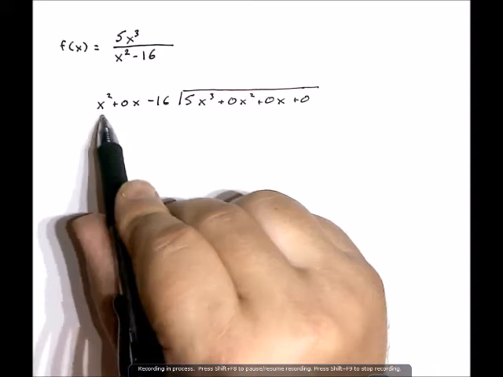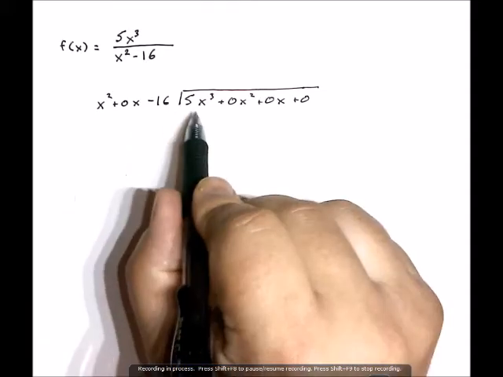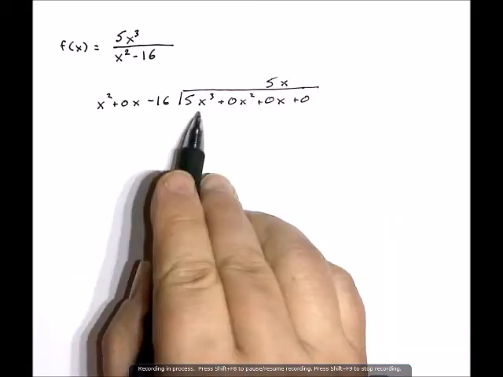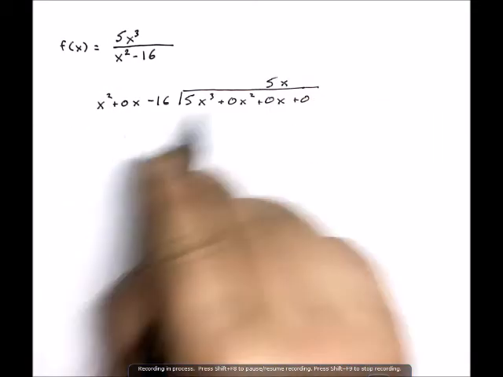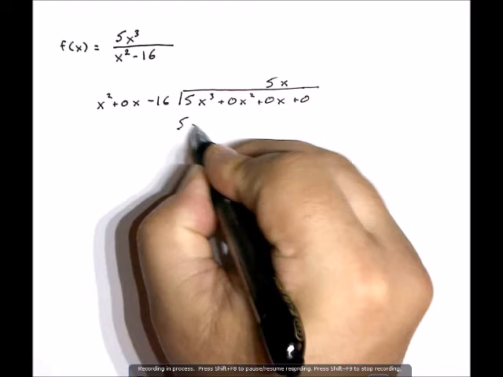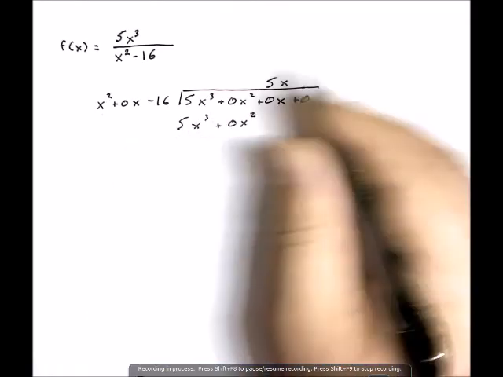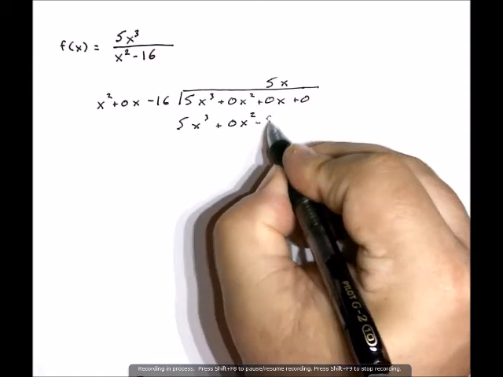So I need to multiply this by 5x to turn it into this, and then I just go through and multiply this entire polynomial by 5x. Let's see, that's negative 80x.